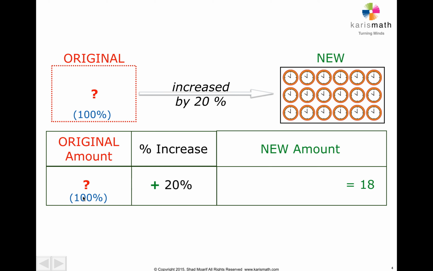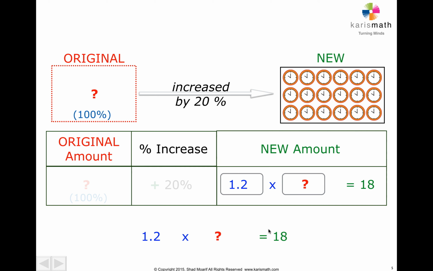Now we know that if the original amount was 100% and you increase it by 20%, then the new amount is going to be 120% of whatever it was, right? So if we say 120% of the original amount is 18, then it's not so complicated, because 1.2 times what is 18? That's what we're trying to figure out.